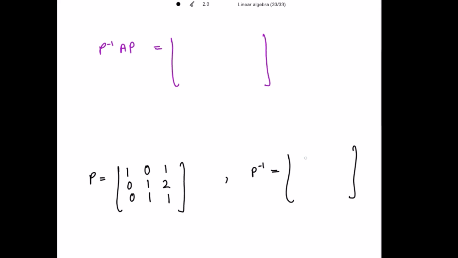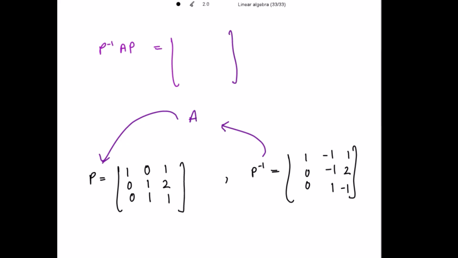P inverse will be 1, 0, 0; minus 1, minus 1, 1; 1, 2, minus 1. Please find this yourself. Thank you. Okay, now finding this P inverse AP. Multiplying this P inverse with the A matrix first and then multiplying this with the P matrix, you will be getting this matrix to be 1, 0, 0; 0, 1, 0; and 0, 0, negative 2, which is the diagonal matrix.